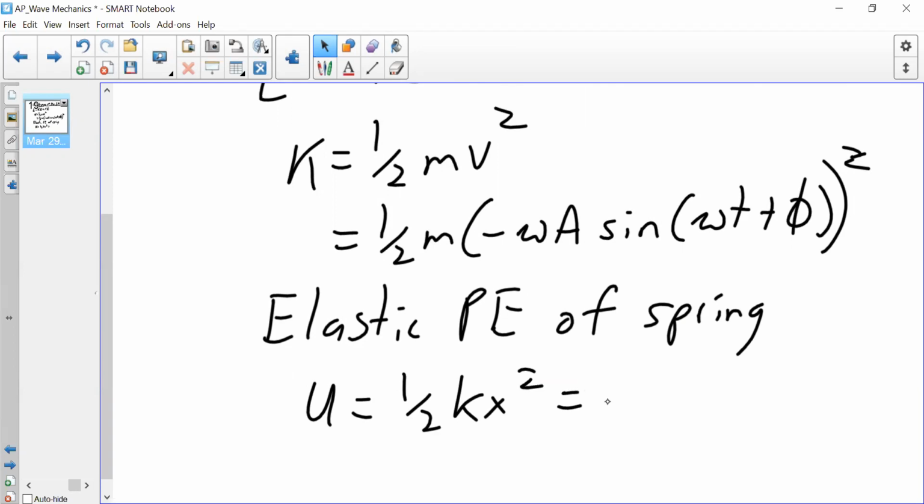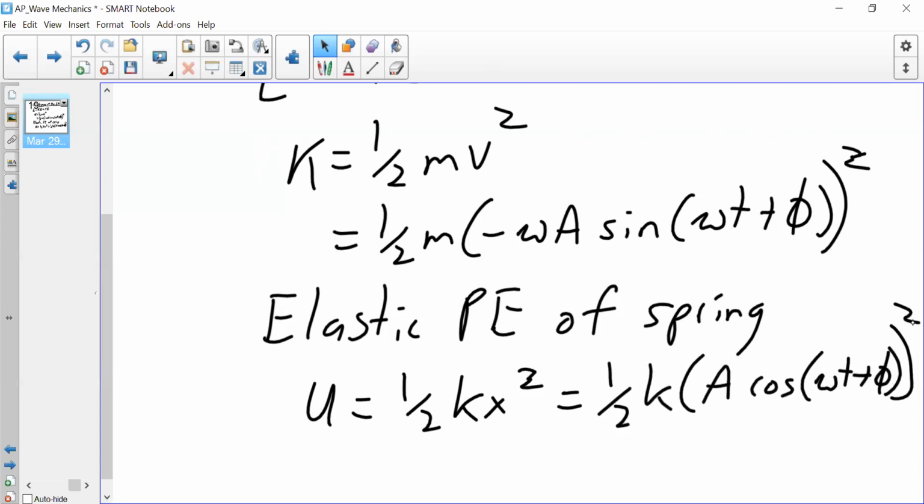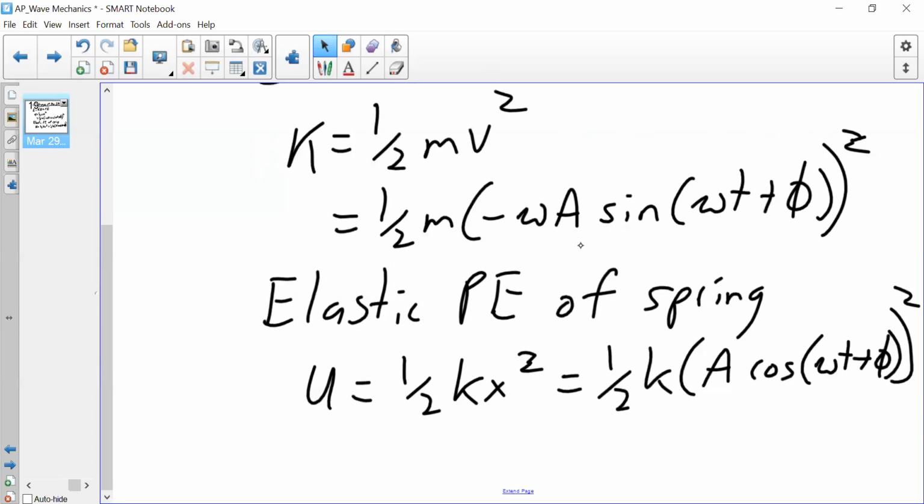So that's 1/2 k, A cosine omega t plus phi, squared. Okay, right? And let me expand both of those.